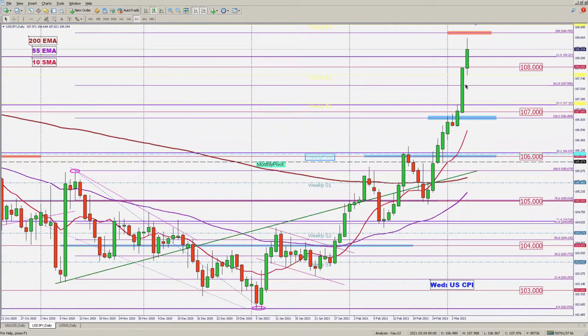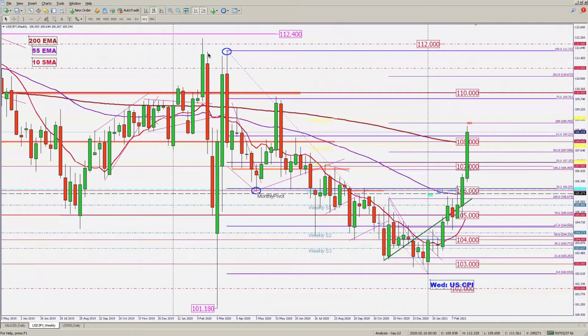It has pushed through the 108 resistance and closed even higher than expected, past the 62 retracement area. That's on the larger time frame of this whole move back to the 62 retracement.